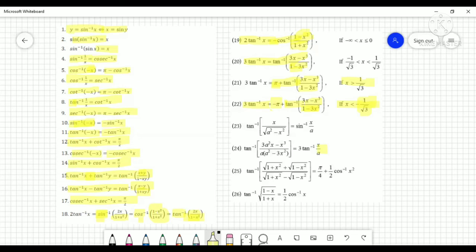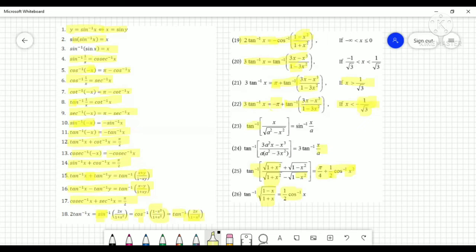Next, tan inverse (root(1 plus x square) plus root(1 minus x square)) by (root(1 plus x square) minus root(1 minus x square)) is equal to pi by 4 plus 1 by 2 cos inverse x. Then tan inverse root (1 minus x) by (1 plus x) we can write as 1 by 2 cos inverse x.